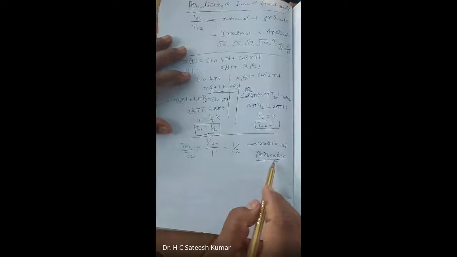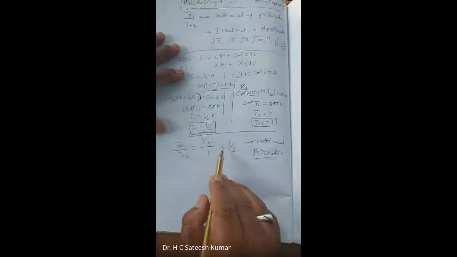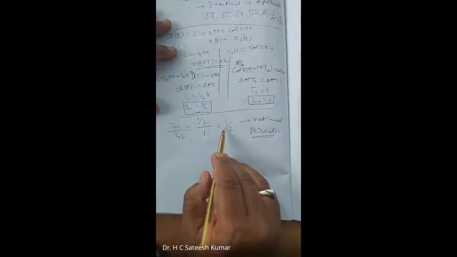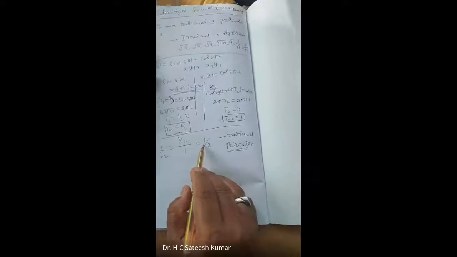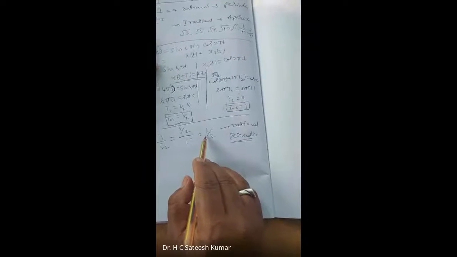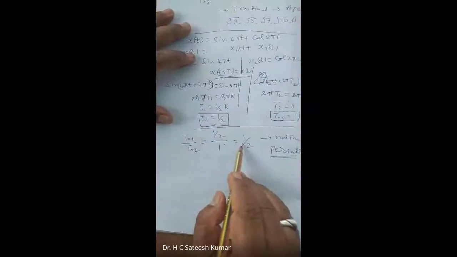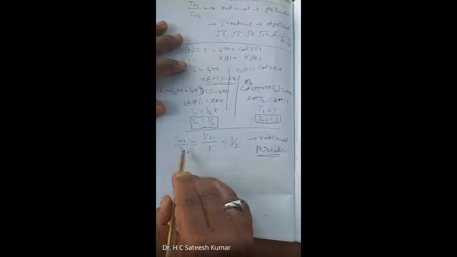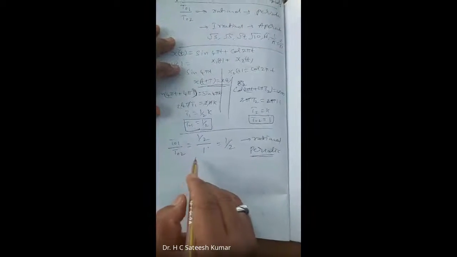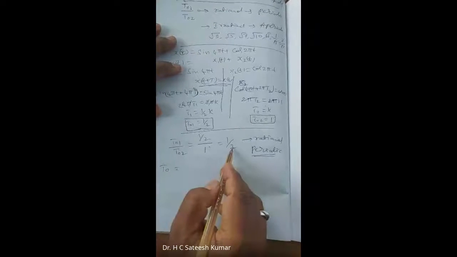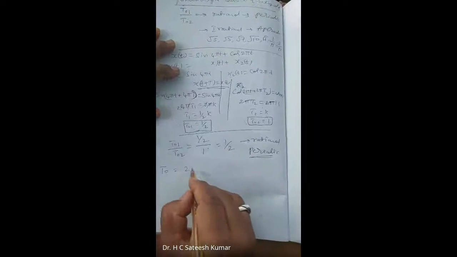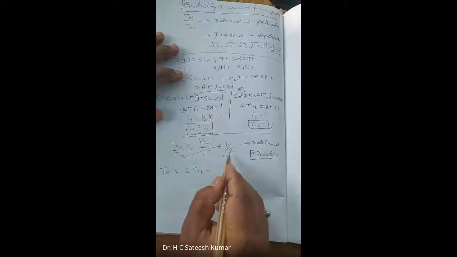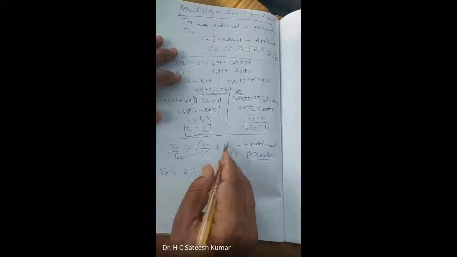Now how to find the fundamental period? T naught is equal to, you cross multiply: 2 into T naught 1 equals 1 into T naught 2.